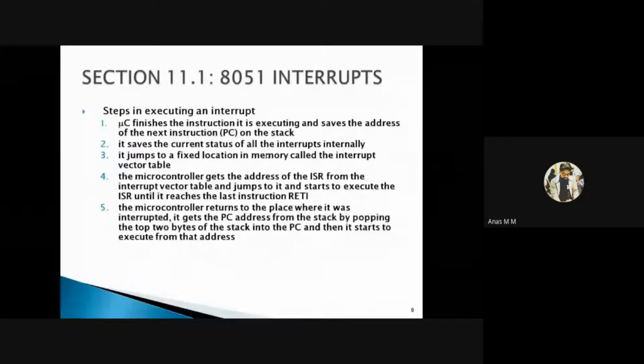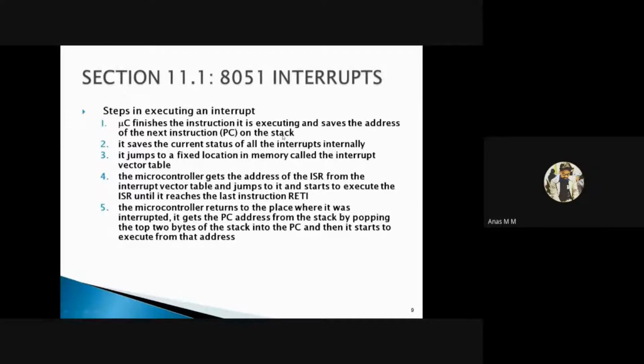And these are the steps in executing the interrupts. Whenever there is an interrupt request, the microcontroller finishes the instruction it is executing and saves the address of the next instruction, which will be in the program counter, into the stack memory.